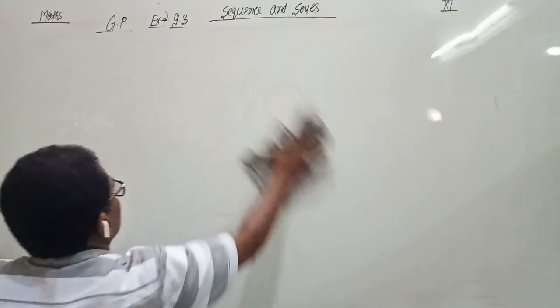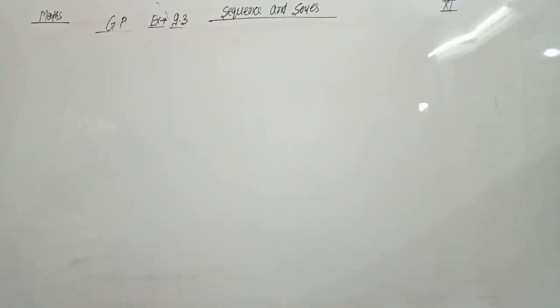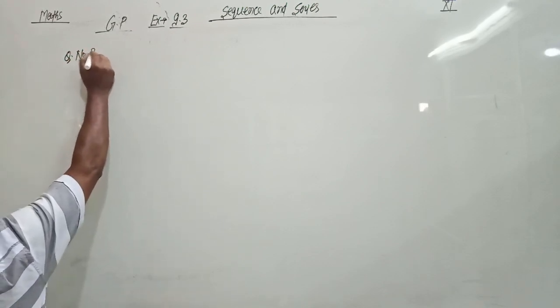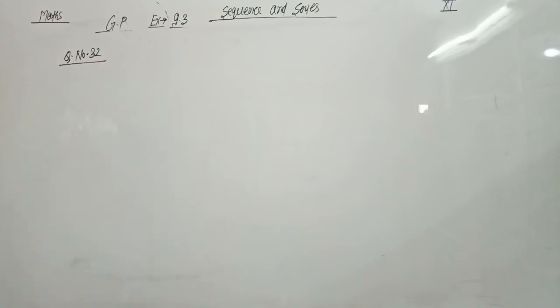Now the last question of the exercise, question number 32. If AM and GM of roots of a quadratic equation are 8 and 5.